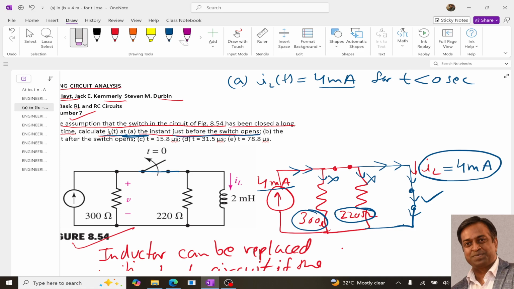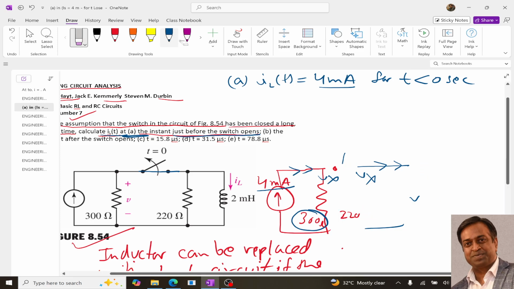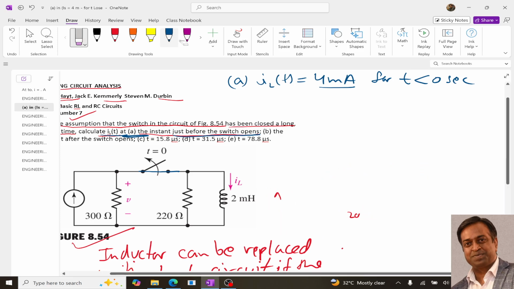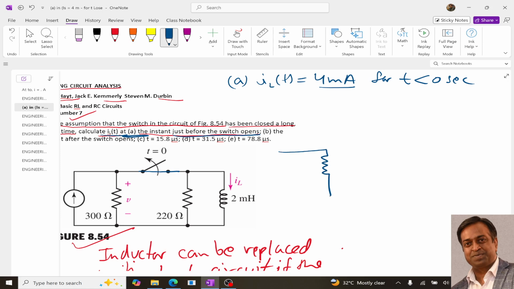Now the switch is going to open. When this switch is opened, let me redraw this circuit. When the switch is open, what is the condition? Over here we have the current source, this is 330, this is 4 milliampere.